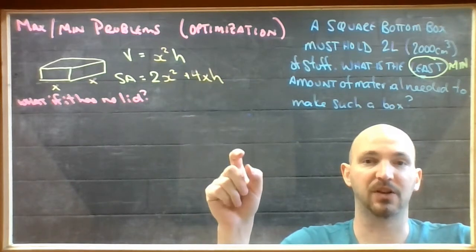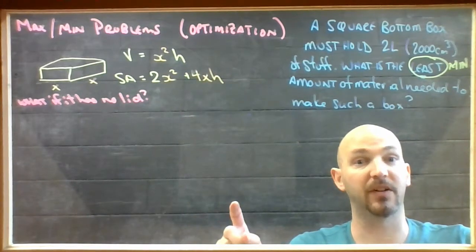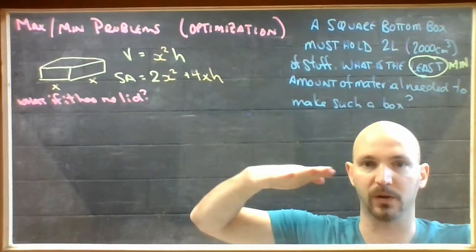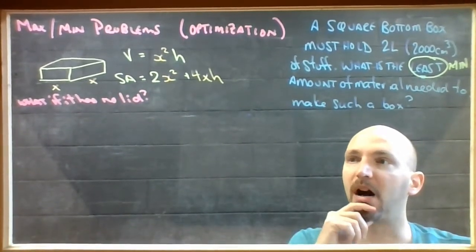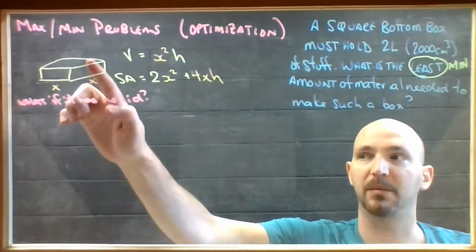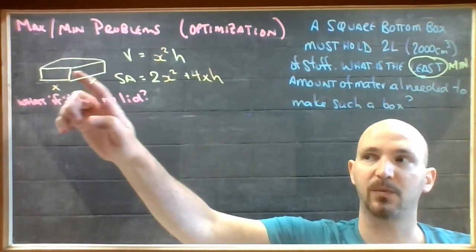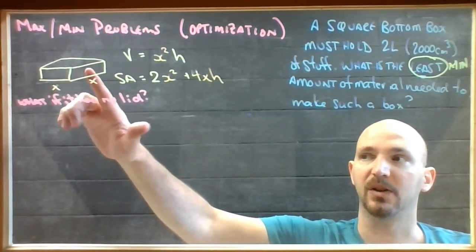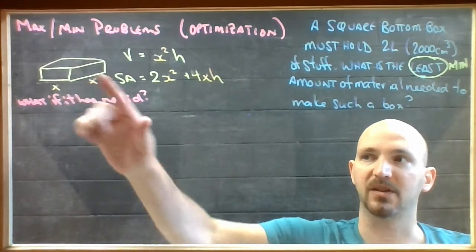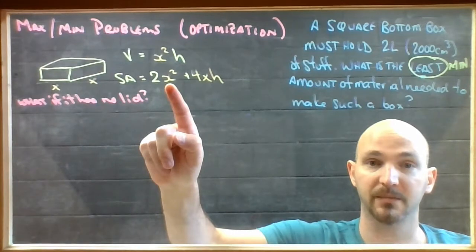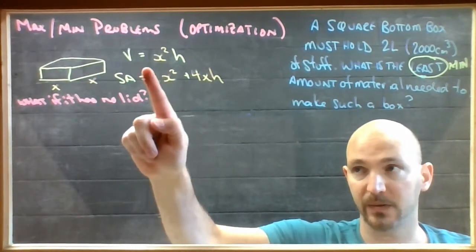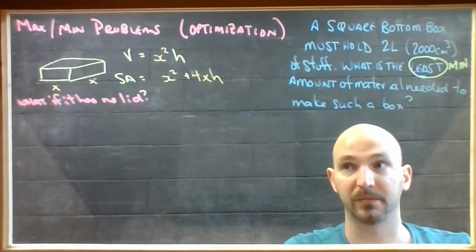What I am changing is where the material goes. I don't have to pay for this piece of the box anymore, and that piece was the one up here, a place that is x wide and x long. So the area of that would be x squared. There are two pieces, one's the top and one's the bottom. If I take the lid out, there's now only one of those.